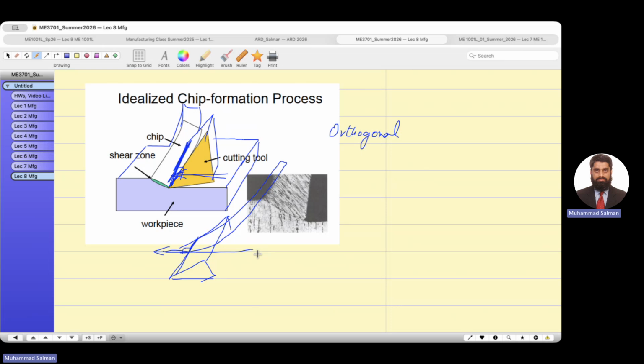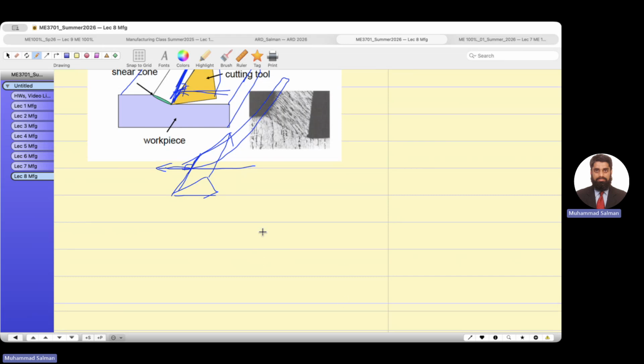Okay, in the positive rake angle, you will study it, positive rake angle and the negative rake. Let me show you. Suppose the tool has a configuration like this, we call it a positive rake angle.